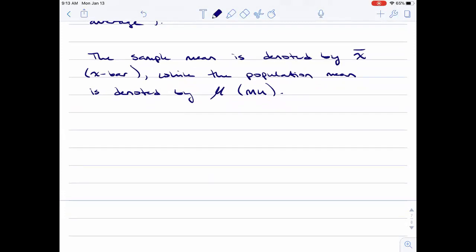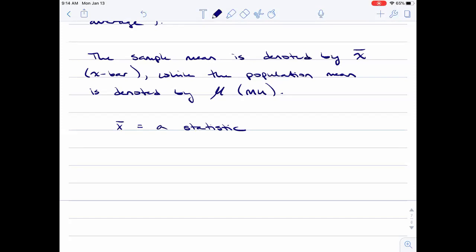Which means that x bar is a statistic. Remember from the beginning of class, we said a statistic is anything that we've calculated from a sample.